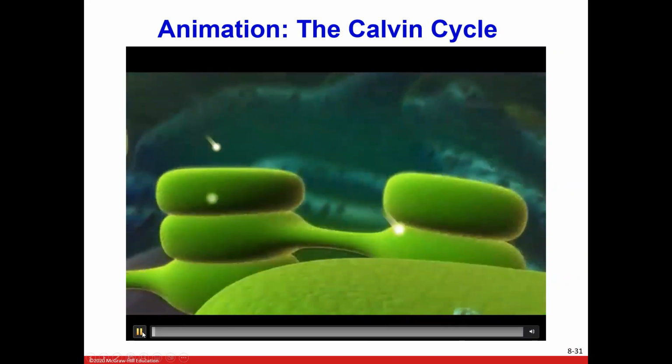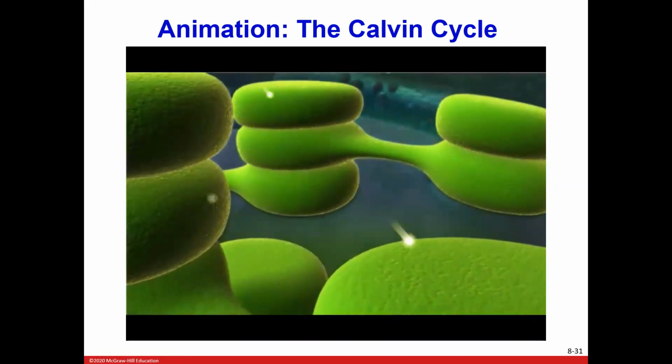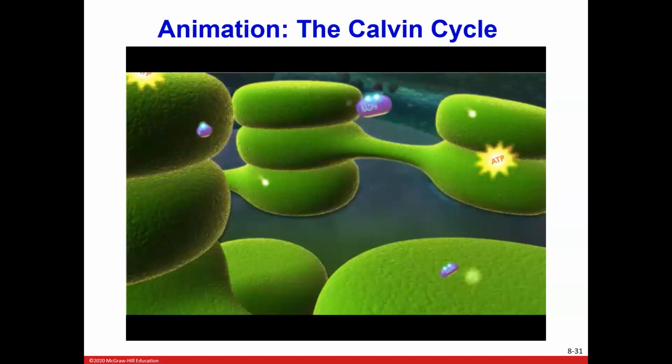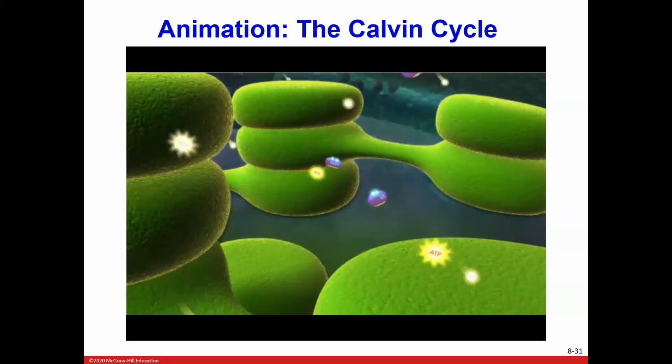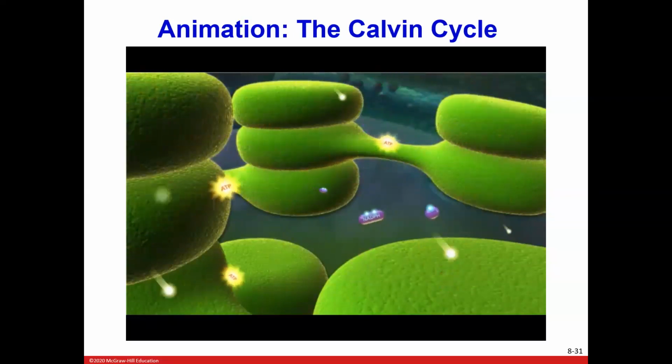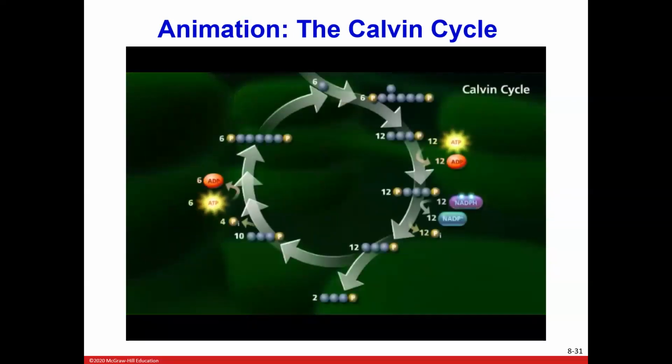When the chloroplast is receiving a steady supply of photons, NADPH and ATP molecules are rapidly being provided to the metabolic pathways in the stroma. Therefore, the ATP and NADPH formed during the light-dependent reactions are used in the stroma to fuel the Calvin cycle reactions.